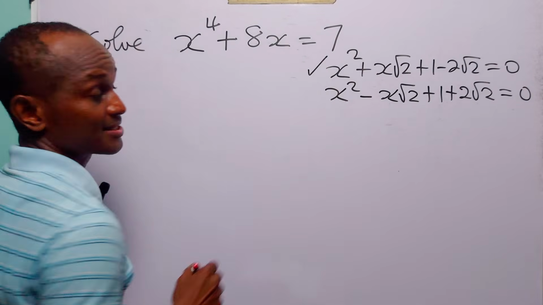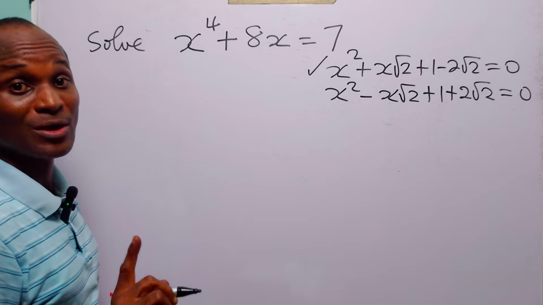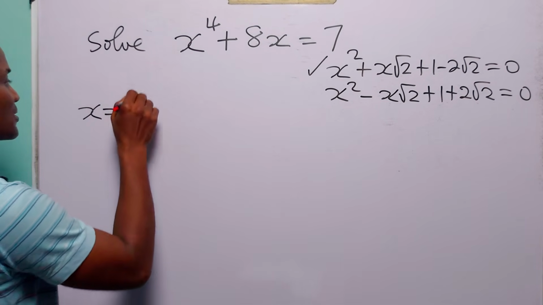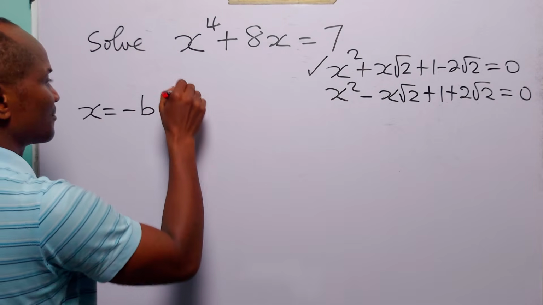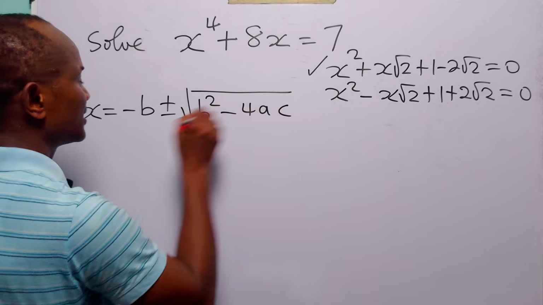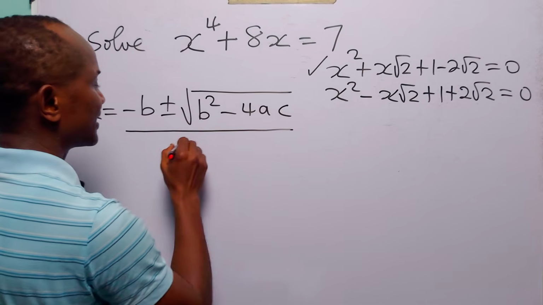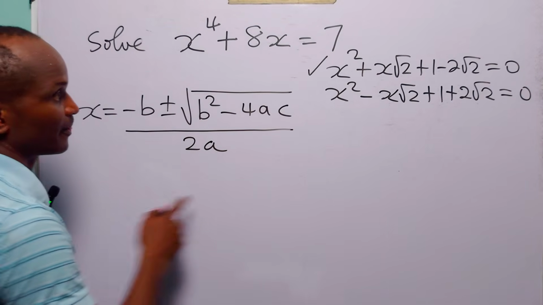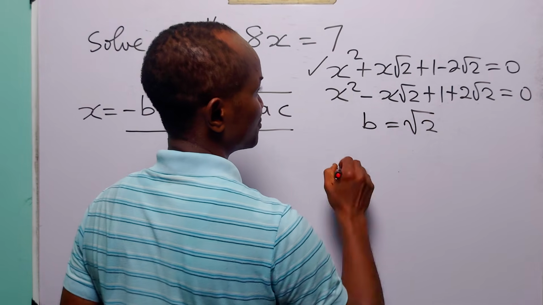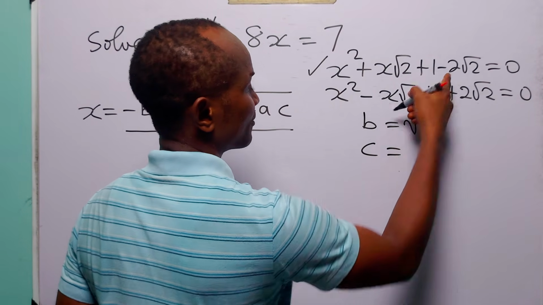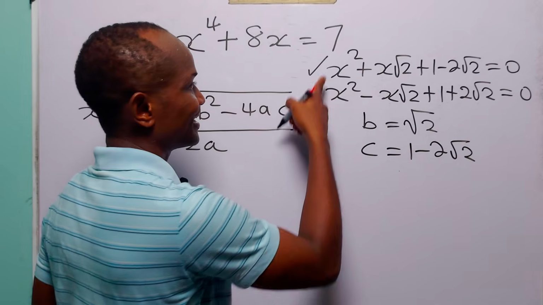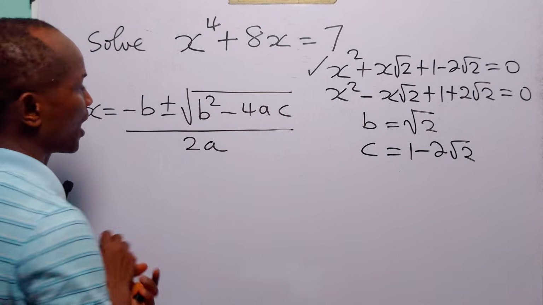Now, in the first case, to find the values of x, we use the quadratic formula. We have that x is equal to minus b plus or minus the square root of b squared minus 4ac divided by 2a. Of course, b is equal to root 2. C is equal to 1 minus 2 root 2. And a is equal to 1.